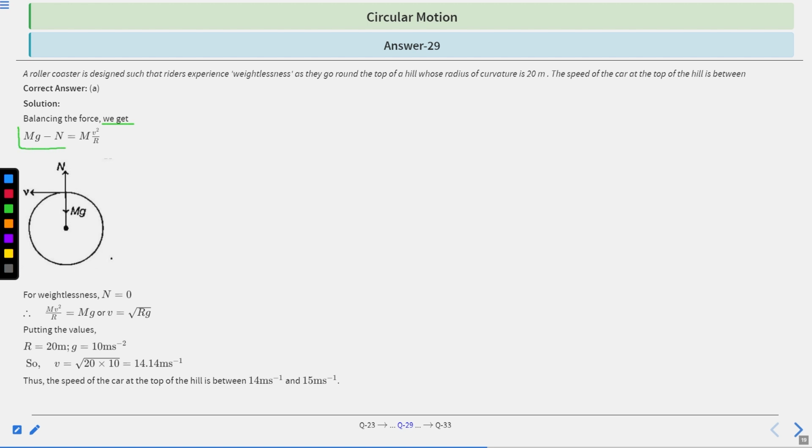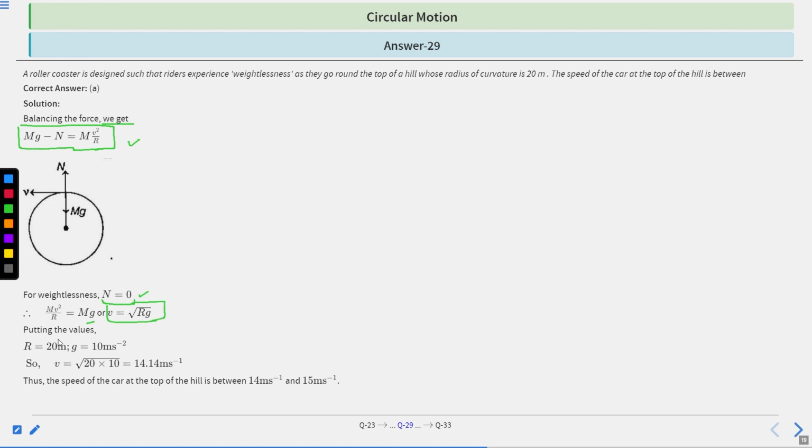This equation comes from balancing the forces. For weightlessness, N equals 0, so mv square by r equals mg. The m cancels out, so v equals under root rg.